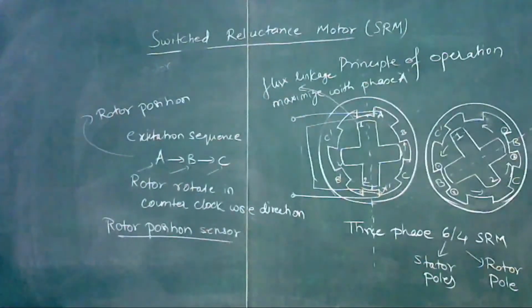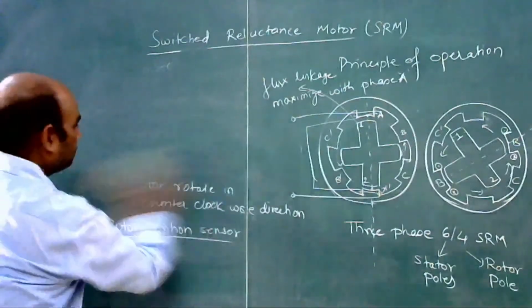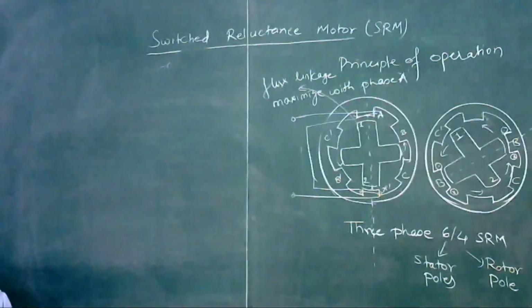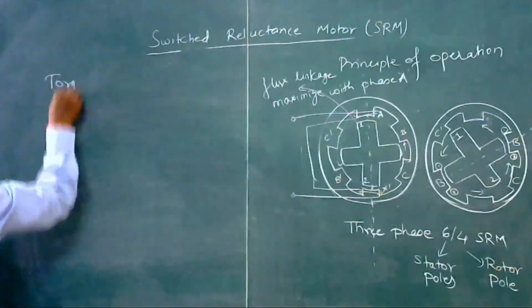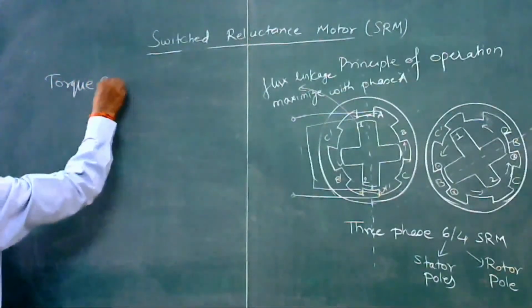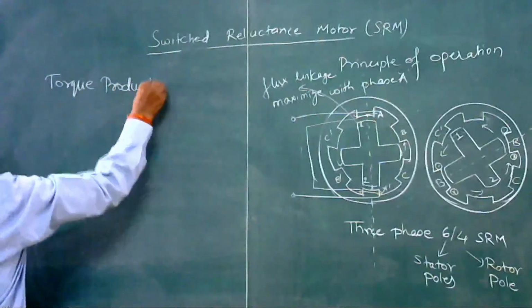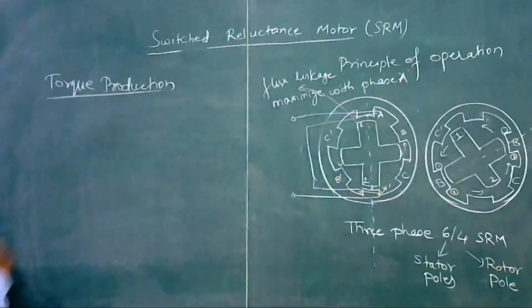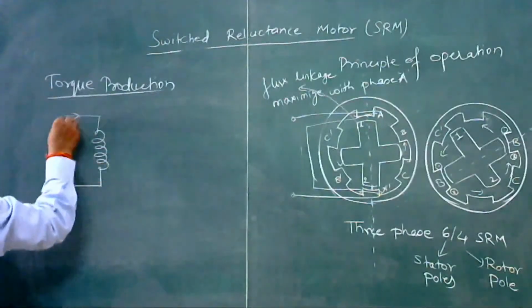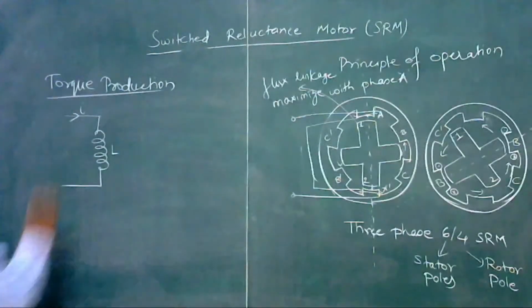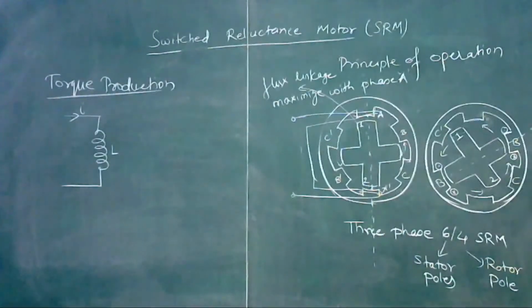So how is torque produced? Suppose I is the current and L is the inductance of the coil.